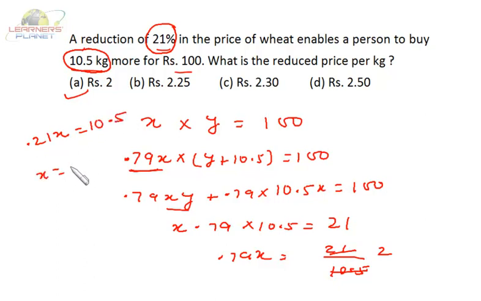That means x is equal to 10.5 over 0.21. That means the new quantity is 50 kilograms, which we are going to buy for rupees 100. That means rupees 2 per kilogram. If you can grasp this logic, then it will be great. Else this method is also appropriate. I hope you are clear with both the methods.